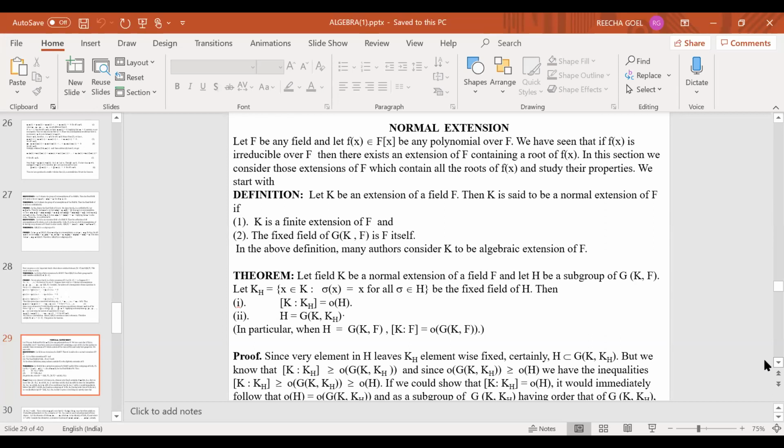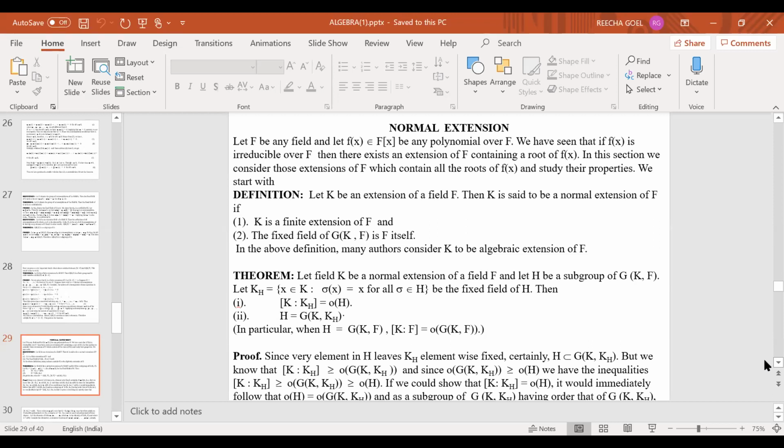That is, it is the set of all elements of K which remain invariant under each element of H. I have defined it here also: let K_H be equal to all x in K such that sigma of x is equal to x for all sigma in H. That is, this is the fixed field of H.